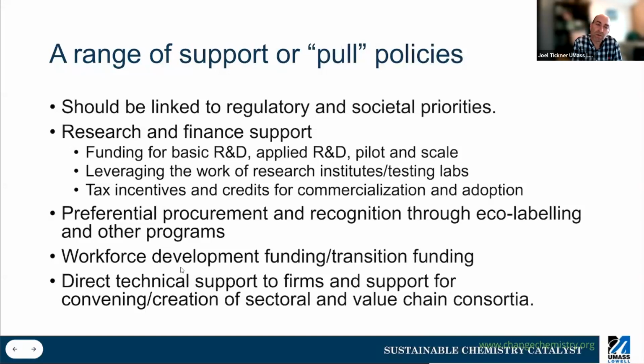But the other thing governments can do, or academic institutions, research institutions, is really bring together people for consortia that will solve problems together, right? Bring together different minds. And I'm going to give an example of that in a second. Next slide, please.